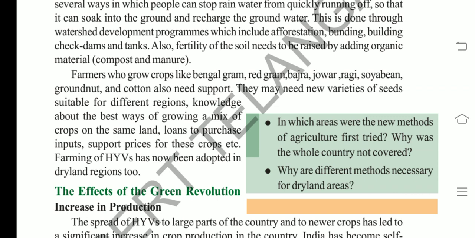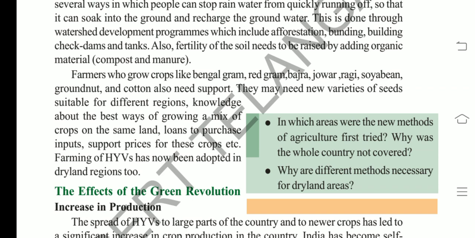After that they should go for groundnut. In such a way, they need to protect the soil fertility by adopting a mix of crops. That means multiple cropping. Understand? We call it multiple cropping on the same piece of land.